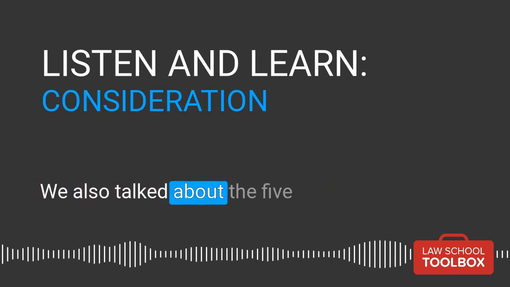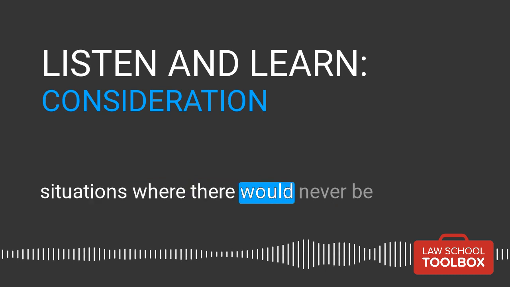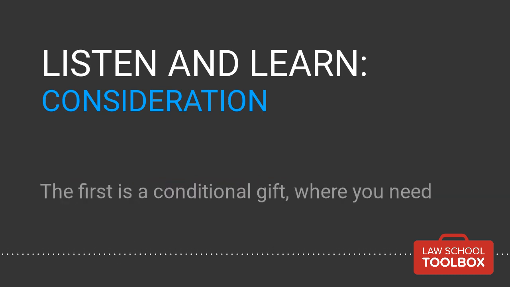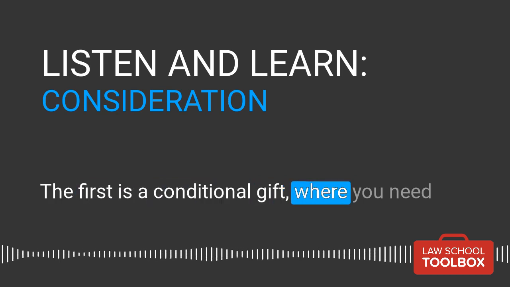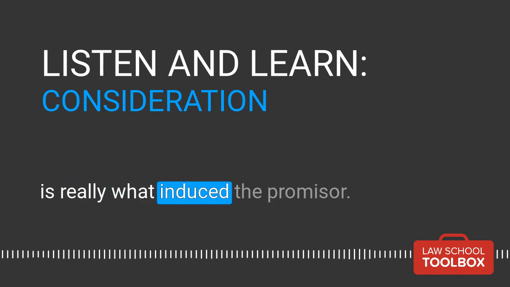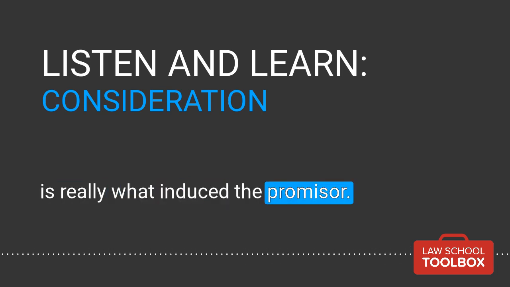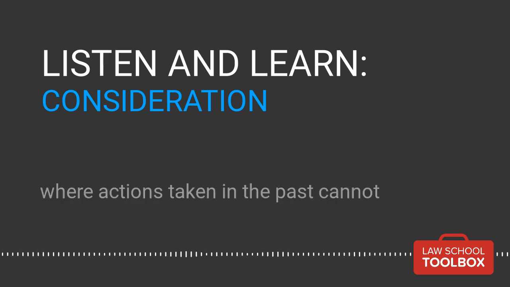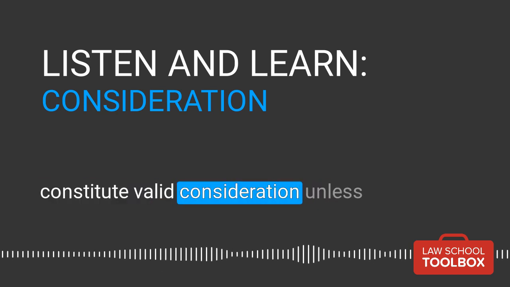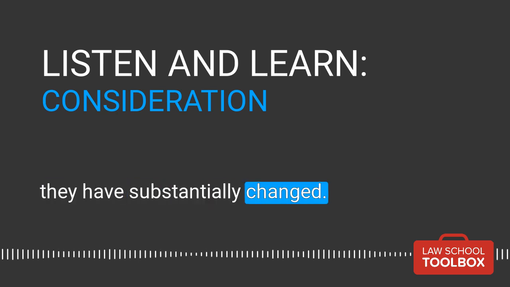We also talked about the 5 situations where there would never be consideration, even if it seems like there is. The first is a conditional gift, where you need to ask yourself if that specific detriment is really what induced the promisor. The second is past consideration, where actions taken in the past cannot constitute valid consideration unless they have substantially changed.